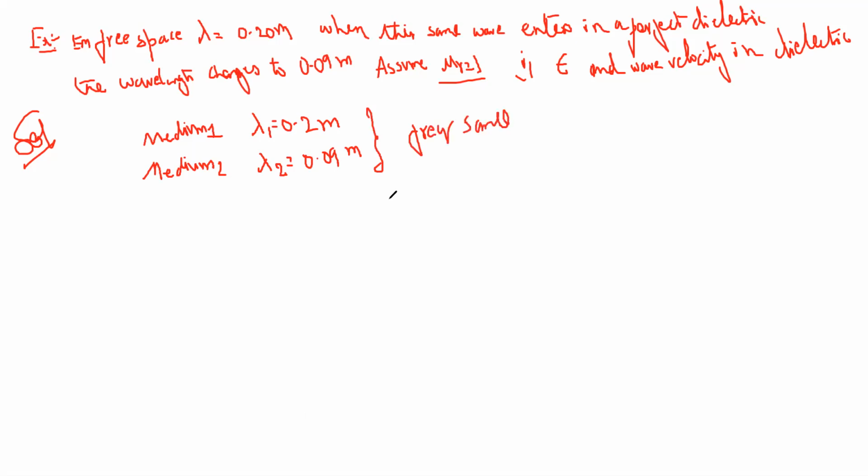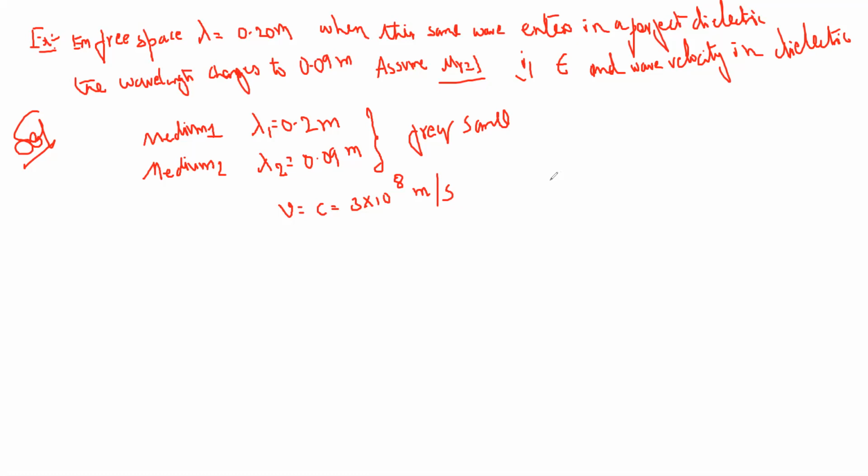So when the electromagnetic wave is in free space, the velocity of propagation is given as V is equal to C. The frequency is the same, and F into lambda is approximately equal to C. That C is equal to 3 × 10⁸ meters per second.